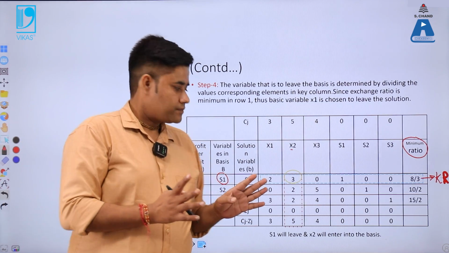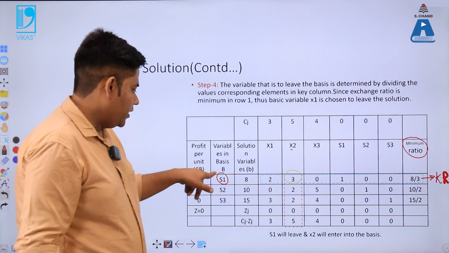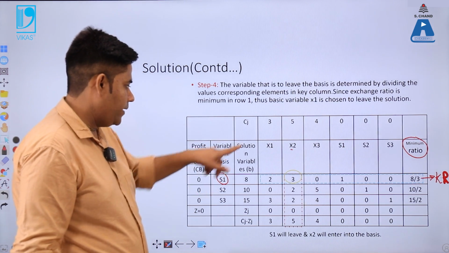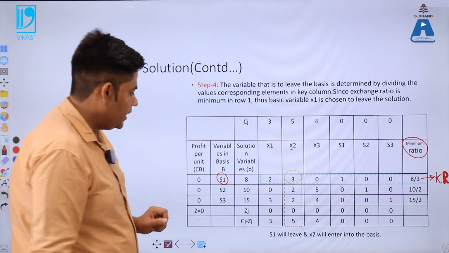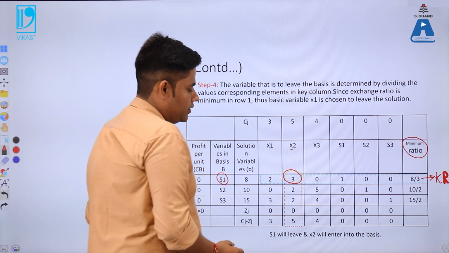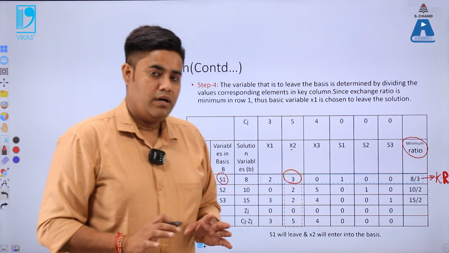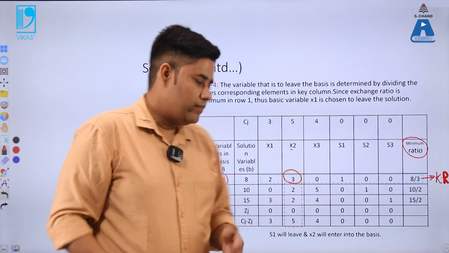So I need to make a new table in which S1's place is replaced by x2, and the intersection of these terms gives a common value, which is 3. This 3 has a particular role in the simplex problem. So we stop here for a short break.